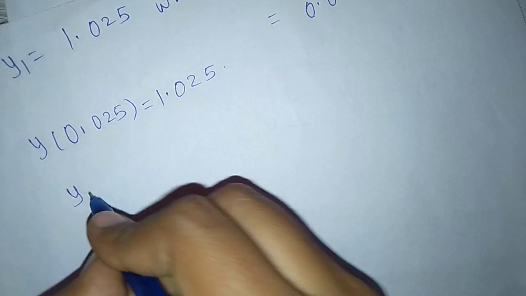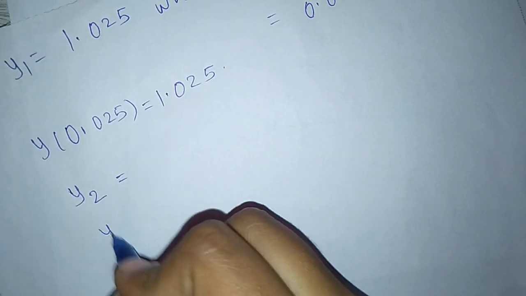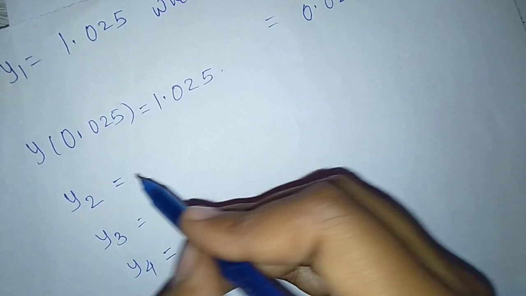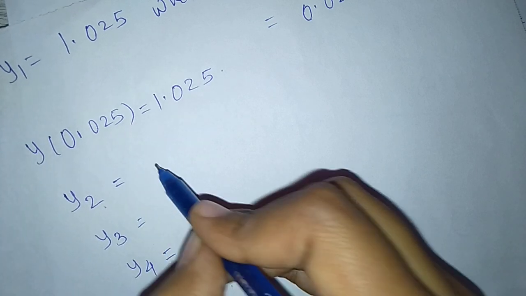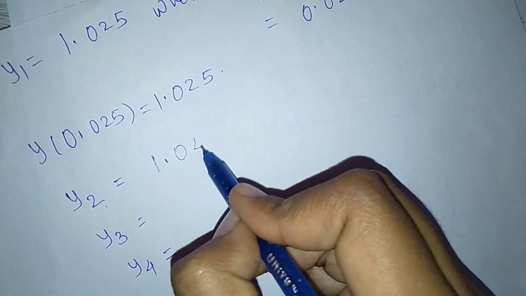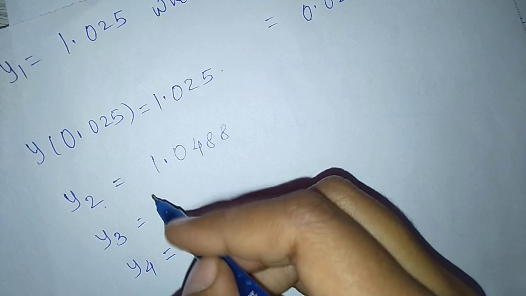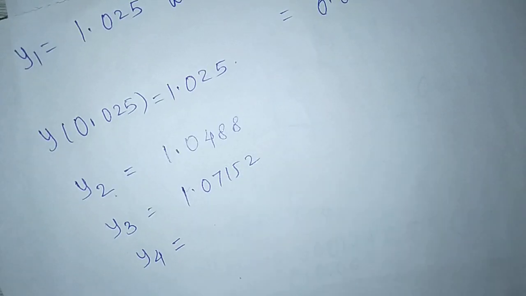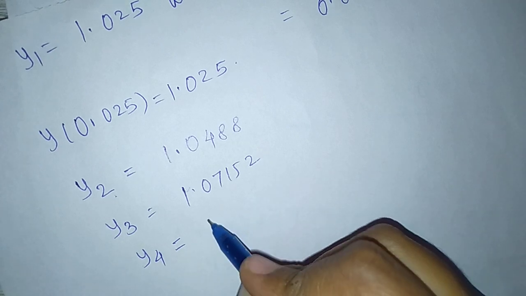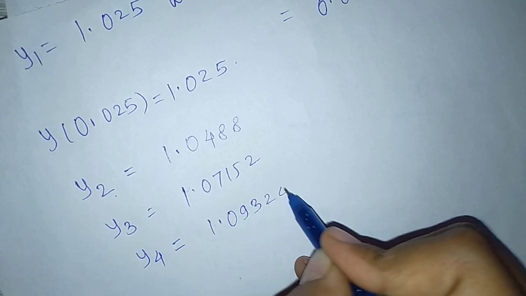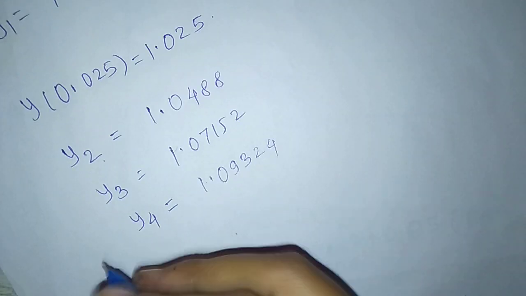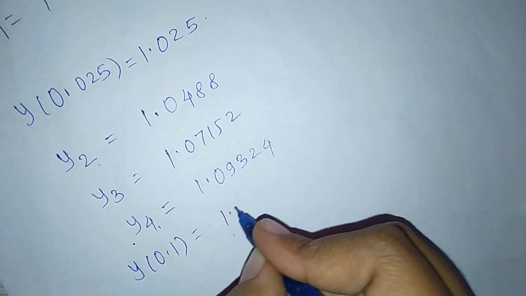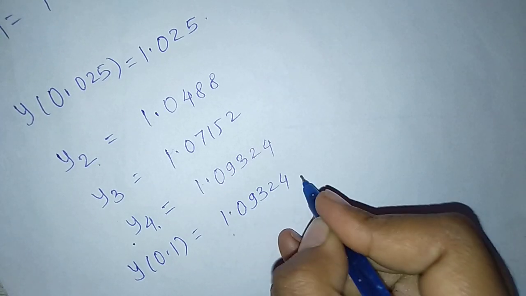Next, calculate y2, y3 up to y4, and here we get y2 equal to 1.0488, y3 equal to 1.0715, y4 equal to 1.09324. y4 means y of 0.1 equal to 1.09324.